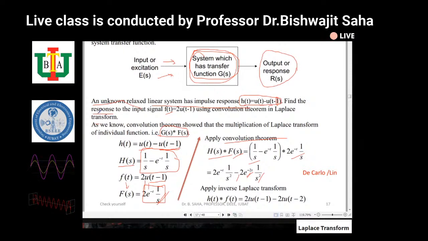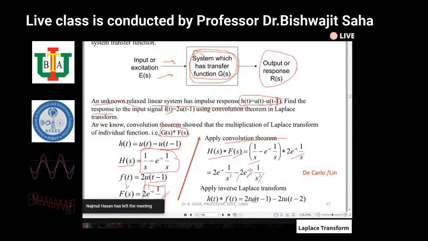So we need to convert into the time domain, and we apply the inverse Laplace transform. So the response is 2 is constant itself, and e to the power minus s times 1 over s squared, basically this one. If you see the table, I already have given you the table. So 2(t minus 1) u of t minus 1 minus 2(t minus 2) u of t minus 2.